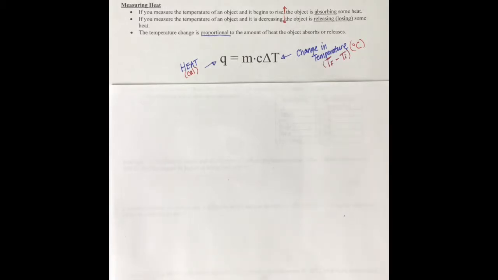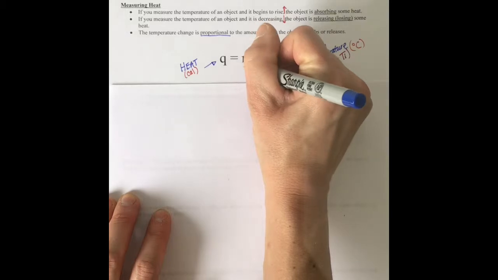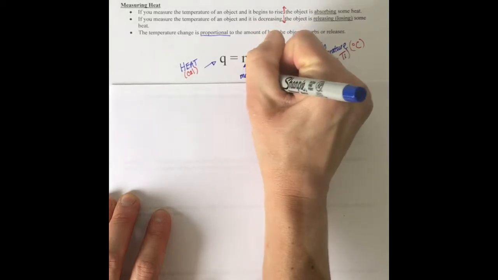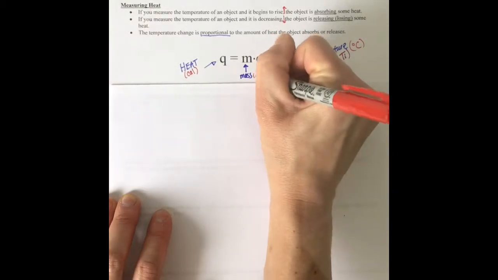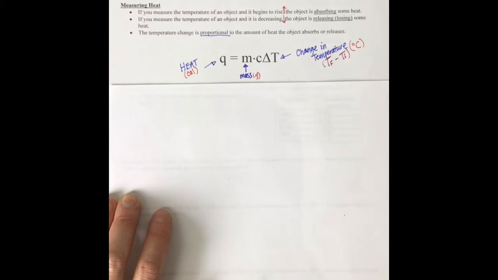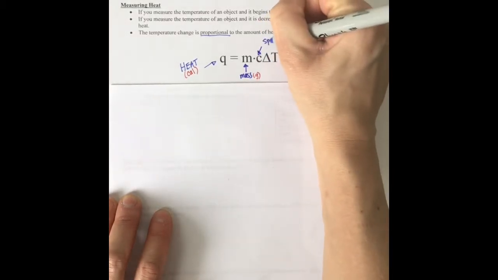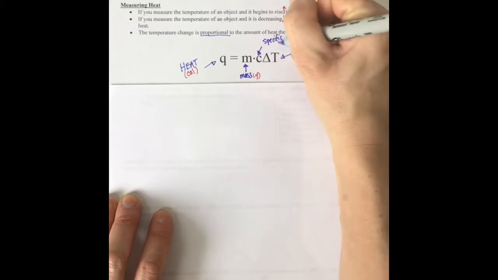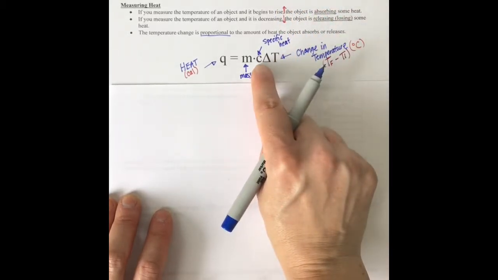The other variables you're going to see in your equation are M for mass. And what do we measure mass in? Grams. And the last variable is something called specific heat, represented by the letter C.